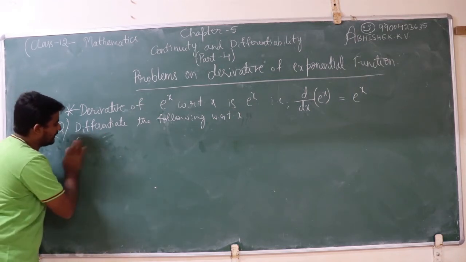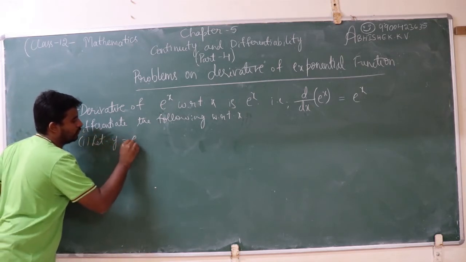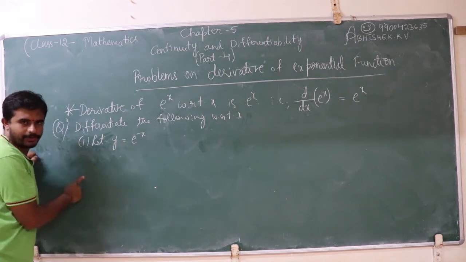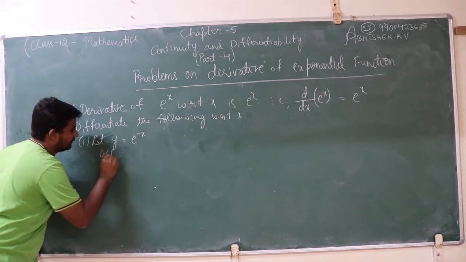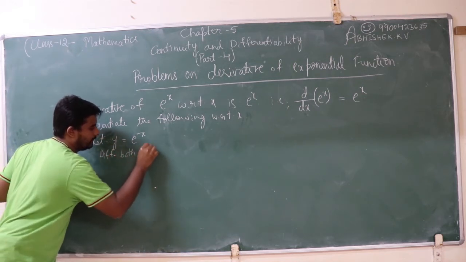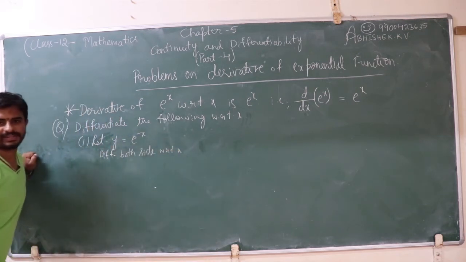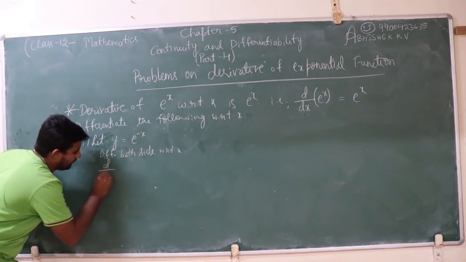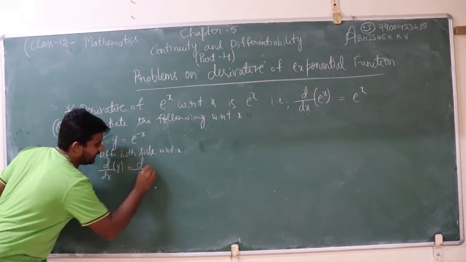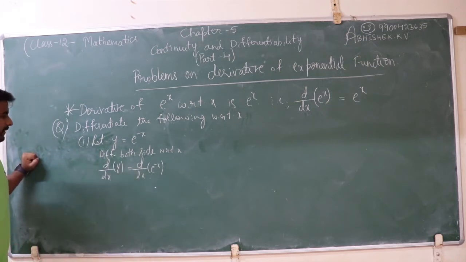So let us consider y equal to e to the power of minus x. Differentiate both sides with respect to x. Then d by dx of y is equal to d by dx of e to the power of minus x.